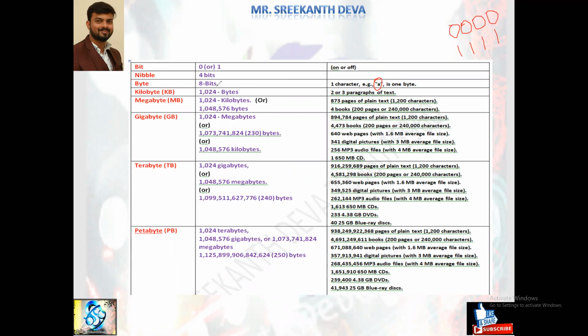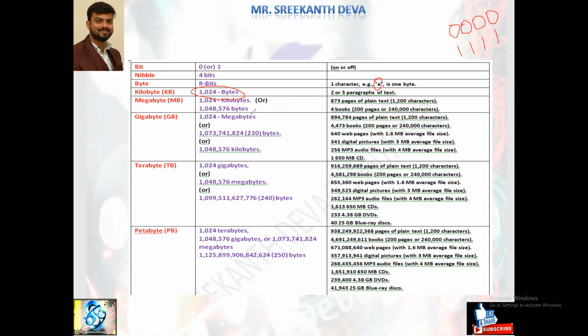Next, 1024 bytes represents 1 kilobyte. We may write 2 or 3 paragraphs of text in kilobytes. Coming to megabyte, 1024 kilobytes represents 1 megabyte. There we can generally write 873 pages of plain text, 1200 characters.